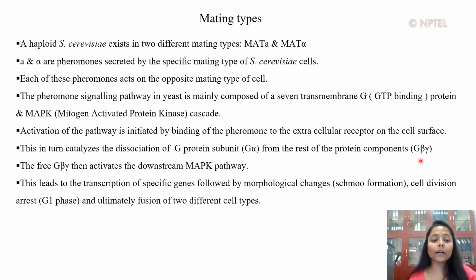Now the G beta gamma is free and it can in turn activate the downstream MAP kinase pathway. This leads to the transcription of specific genes followed by morphological changes, that is shmoo formation, cell division arrest in G1 phase and ultimately fusion of two different cell types.